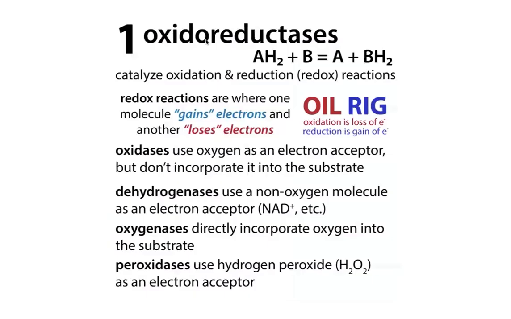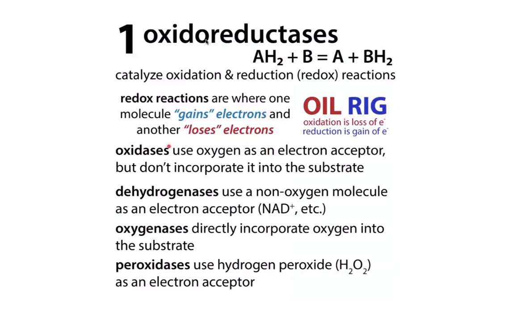In the case of an oxidoreductase, this is going to catalyze an oxidation or a reduction reaction. So remember our OIL RIG, oxidation is loss of electrons or electron density, and reduction is gain of electrons or electron density. Thankfully, with enzymes, the names often give away what type of enzymes they are.